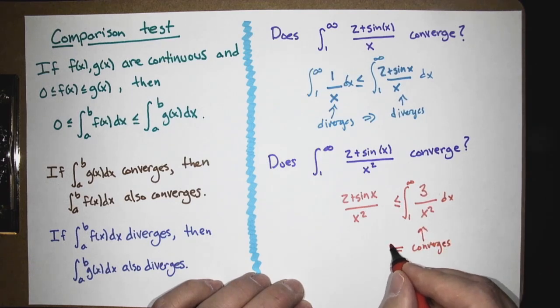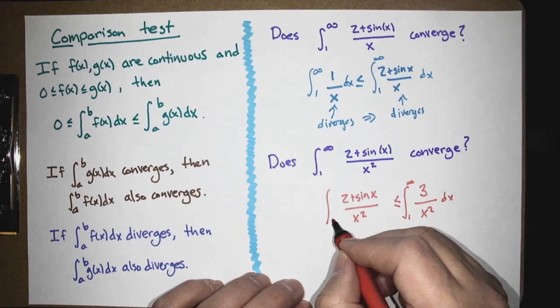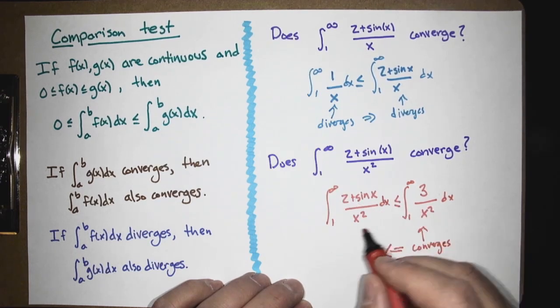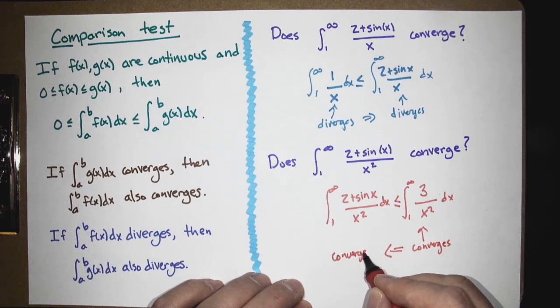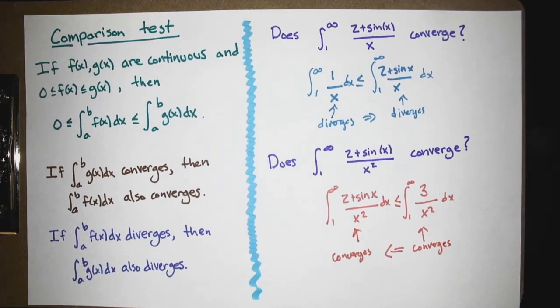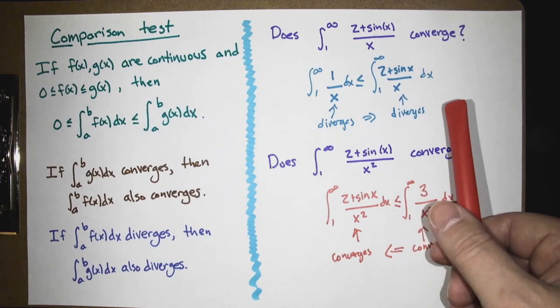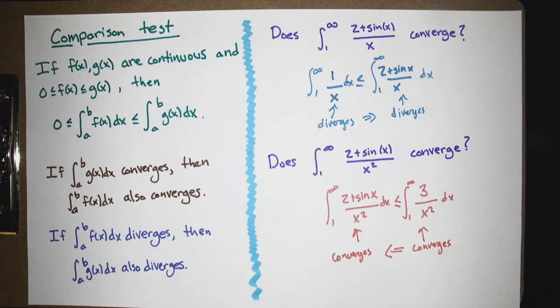That implies that this integral, which is below it, still is above 0, but must also converge. So we found something bigger than it which converges, so it must converge. Just as over here, we found something smaller than it which diverges, so it must also diverge. Well, this is a lot of fun, but unfortunately we have to stop here.